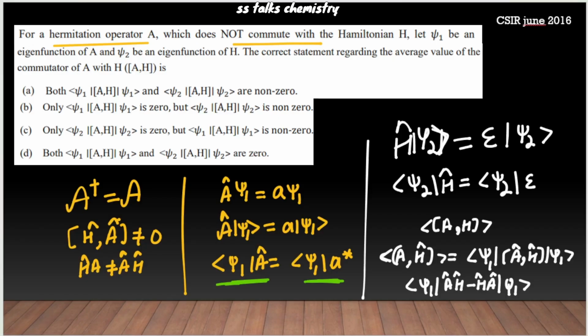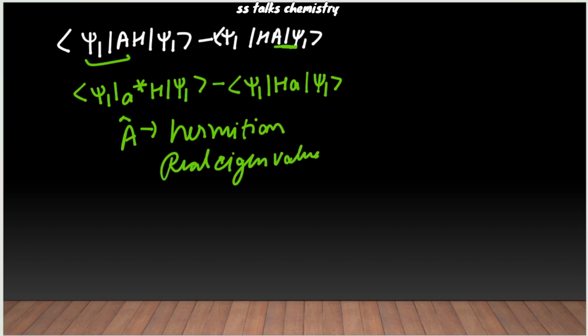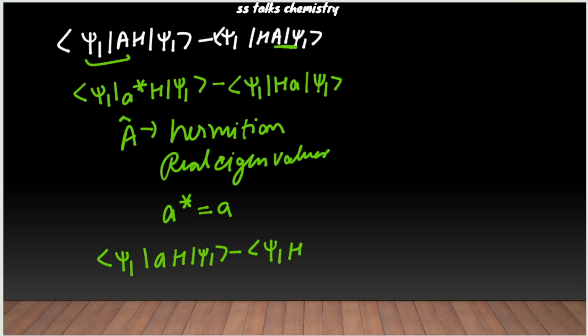That means it gives real eigenvalues, which implies A star is equal to A only. If we impose this condition, it will become psi1 AH psi1 as it is, minus psi1 HA psi1 as it is, right?